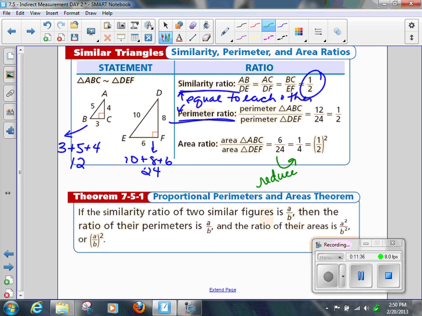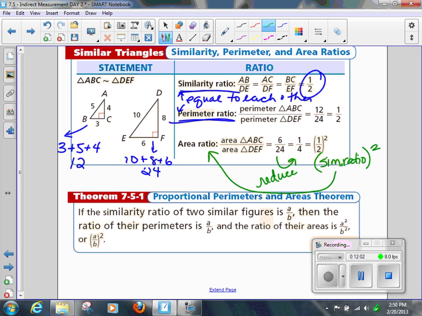And then you've got to think, what times itself gives you 1 over 4? 1 times 1, 2 times 2 is 1/4, right? Okay? So it's the similarity ratio squared. That's the area ratio, the similarity ratio squared.